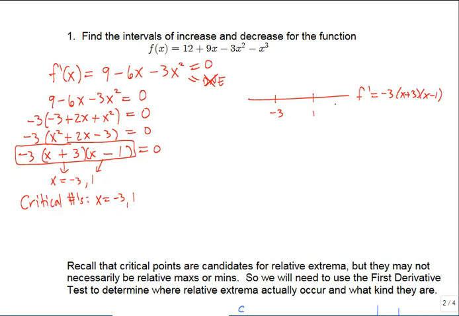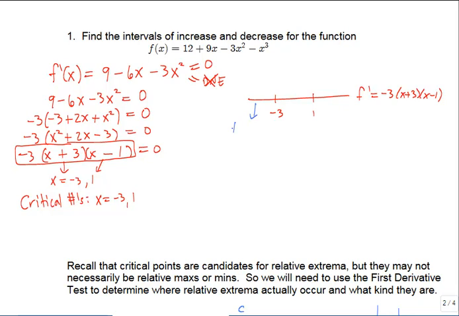It can't change in between. So what I'm going to do is test a number, any number at all, from each of these three intervals and determine whether or not my derivative is positive or negative, and that will tell me whether I increase or decrease.